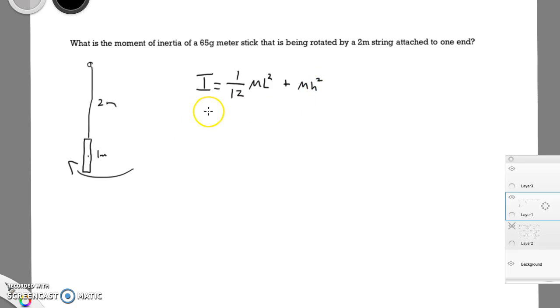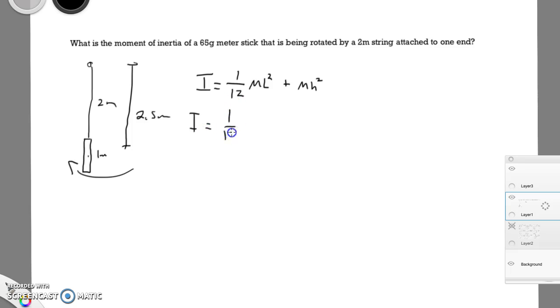What we have to do here is figure out what h is. h is the distance from the axis of rotation to the center of mass, which in this case is this distance of 2 meters plus another 1/2 meter right here. So h would be equal to 2.5 meters.